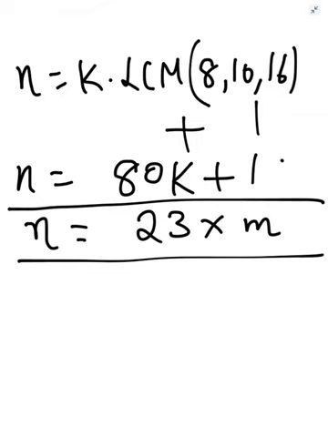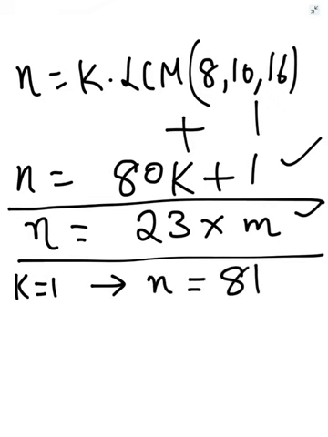Now n is the same, meaning n has to satisfy both equations simultaneously. n is 80k plus 1 and n is also a multiple of 23. So we have to find a common solution for both equations. Let us put k equal to 1. Then n is 80 plus 1, 81. But is it a multiple of 23?